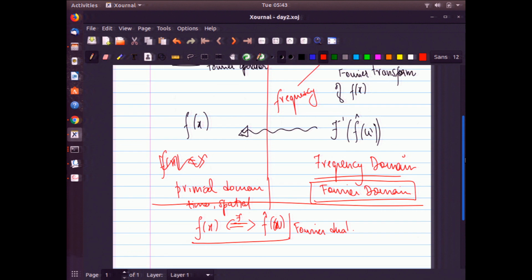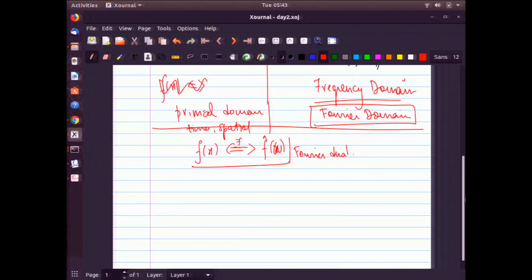Okay, any questions on this? Yeah. So that's what I said. If the function satisfies certain properties, and you can read that it needs to be square integrable, it needs to be finite and so on, then it will have its Fourier transform. What does this Fourier transform mean, right? So that's what I was going to say.